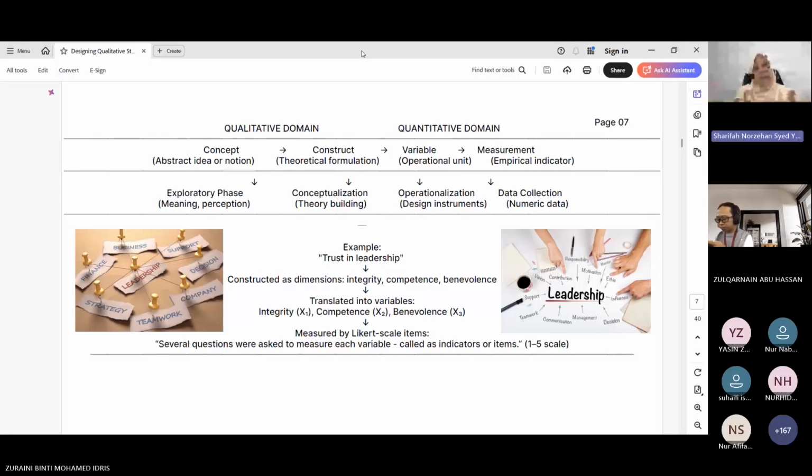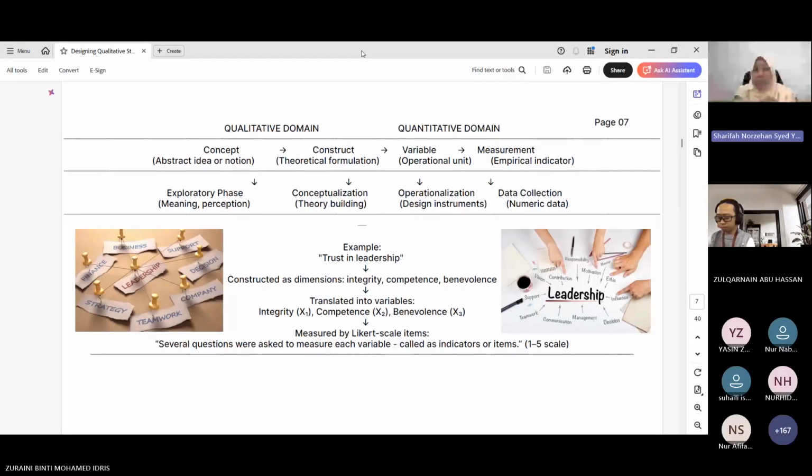You try to find meaning, you try to look into what people perceive about it. Then you will be able to conceptualize it, and your concept now becomes a stronger concept.